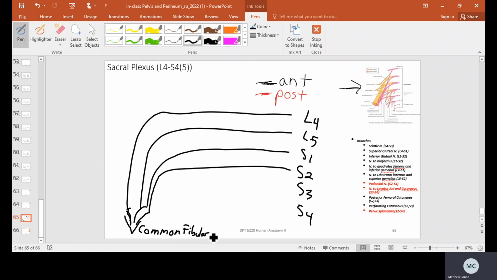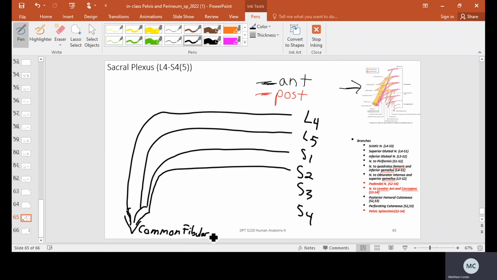If you're familiar with the peroneal nerve, anatomy is moving away from using the Greek words. Peroneal is Greek, fibular is Latin. So L4, L5, S1, S2 all come down to form the common fibular nerve.